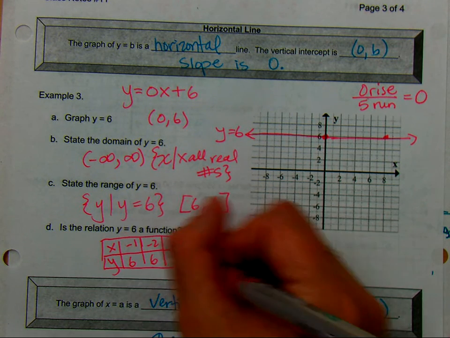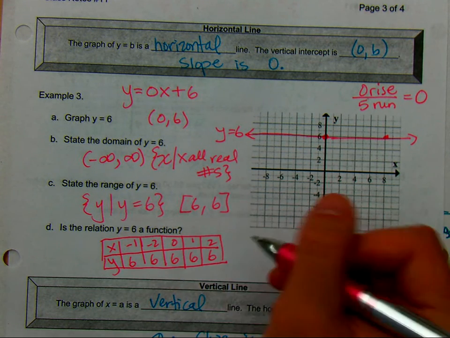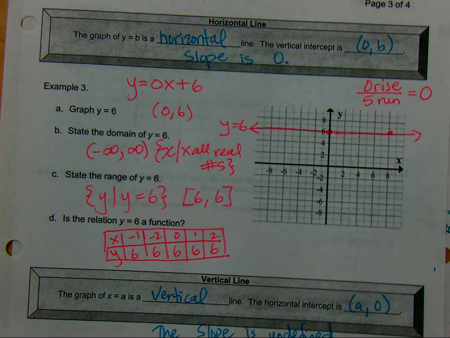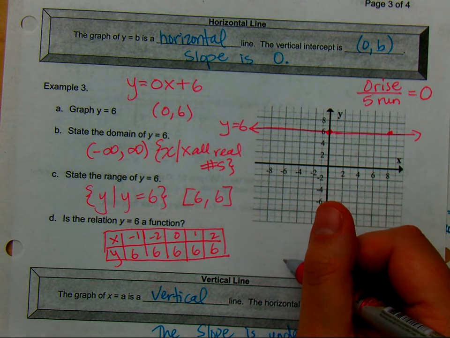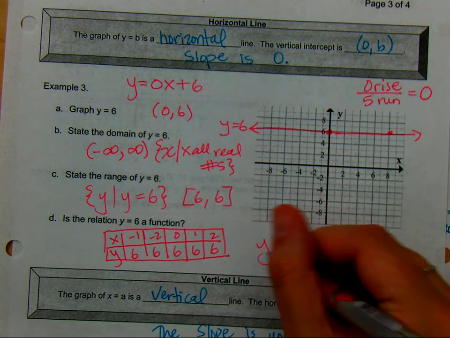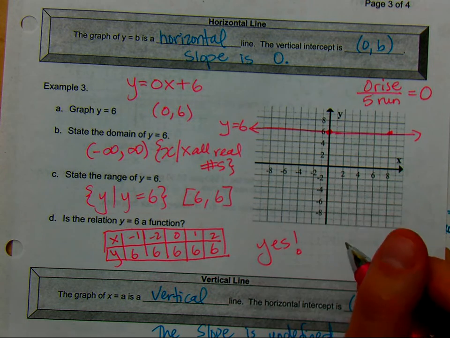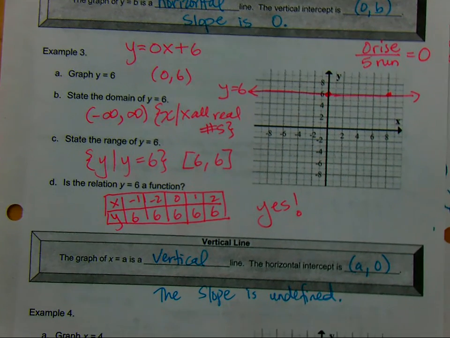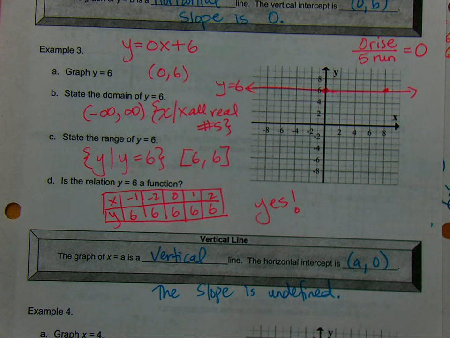The y is always 6. So does this table look like it's a function or not? Do you remember about functions in the last section? Yes, it is a function, right? Because it also passes the vertical line test. And we were talking about the vertical line test where x is always repeating.